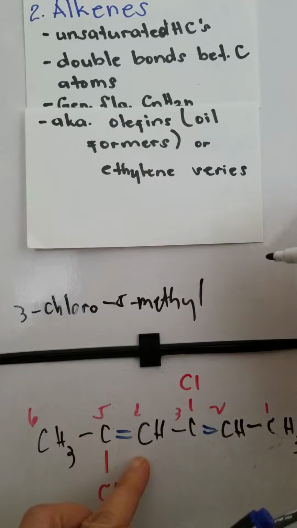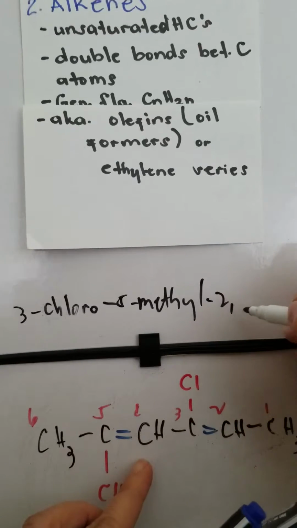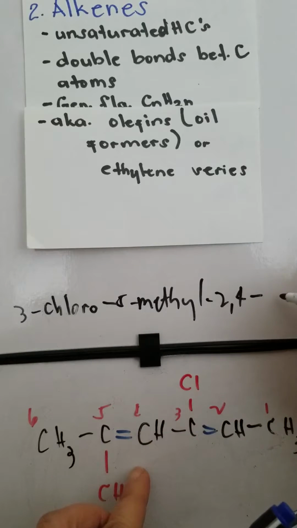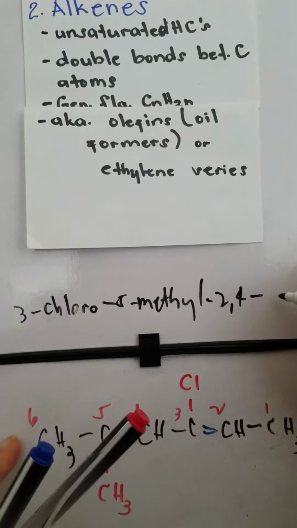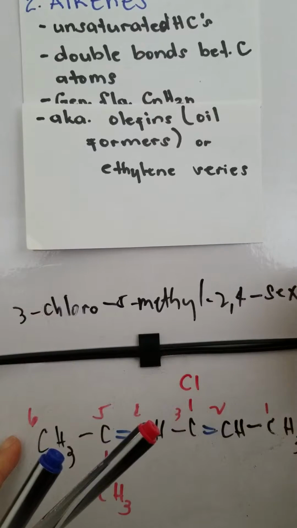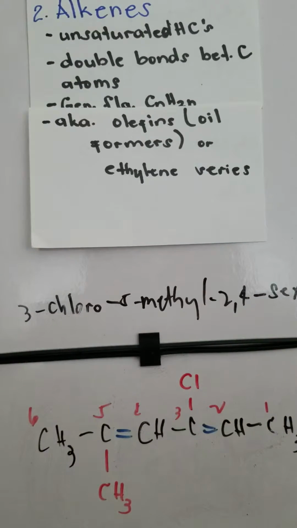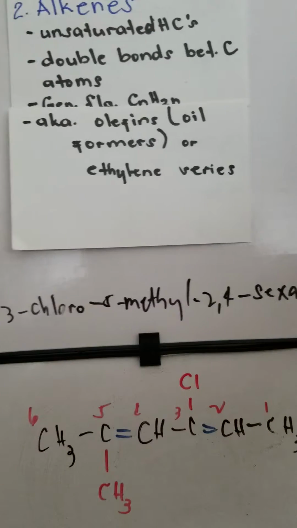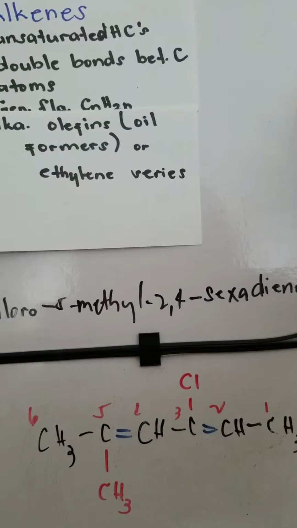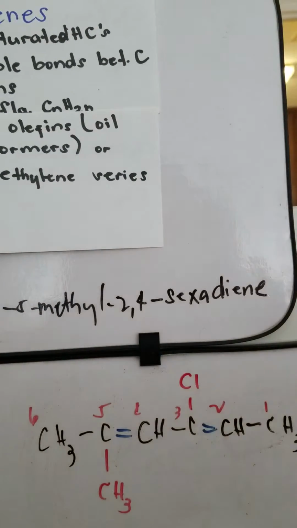You have 2 double bonds at what carbon atom numbers? 2 and 4. You have 2 double bonds, and how many carbons? 6. Diene, hexadiene. Okay, so that is the name of our structure: 3-chloro-5-methyl-2,4-hexadiene.